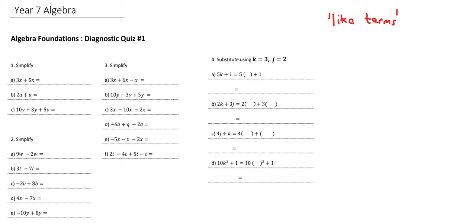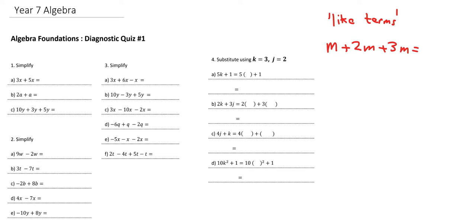So that is like in the context of m. m plus 2m plus 3m are like terms because our variable is the same.